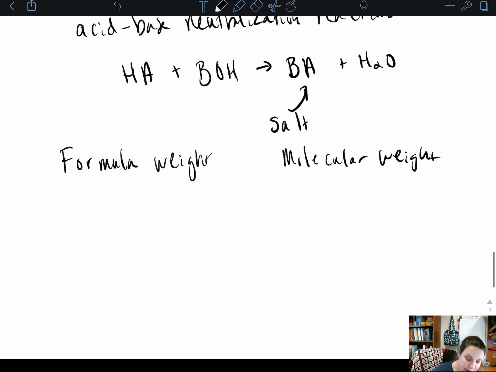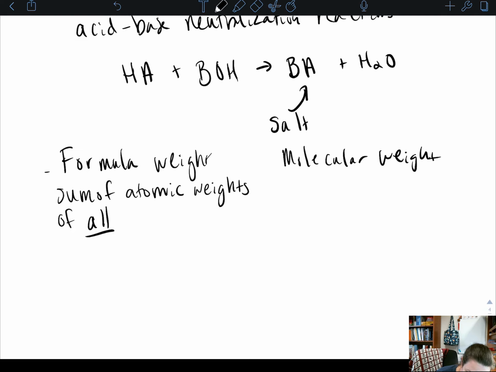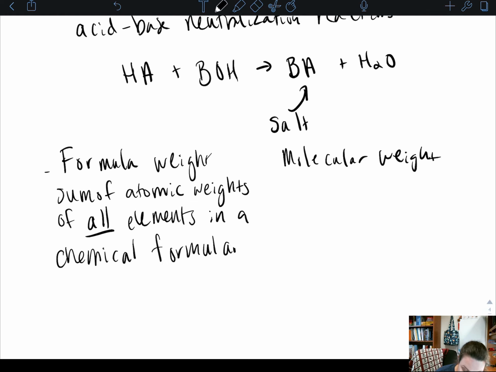So our formula weight is the sum of the atomic weights of everything within the chemical formula. Okay, so this is going to work for ionic compounds and covalent compounds and molecules. All things can have a formula weight. A molecular weight is a formula weight specifically for covalent substances.